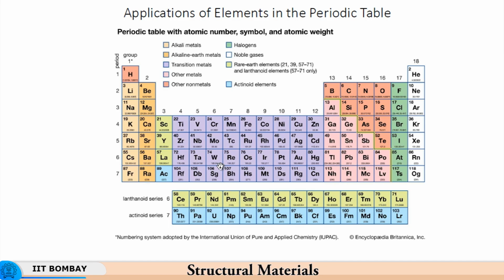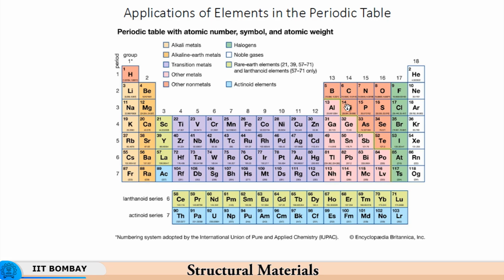Compared to that, you would have tungsten or hafnium, tantalum. These materials are relatively exotic, and they are not used unless their properties are warranted by the application. But on a normal scale, we use typically chromium, manganese, iron, copper, zinc, aluminum, silicon, carbon.